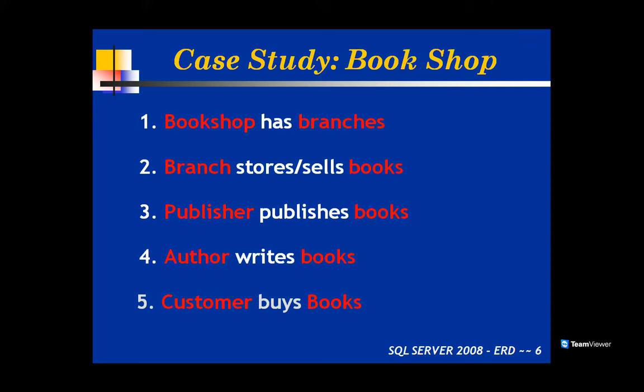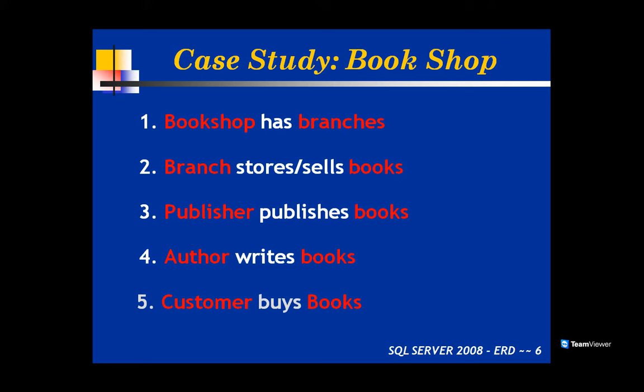We have lots of publishers, and we have many authors who are writing, and customers come to us, and they buy books from us. Okay, now when he gives the requirements, you have to capture the entities from this document.